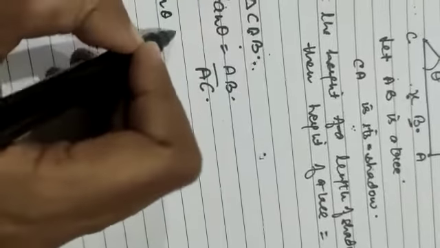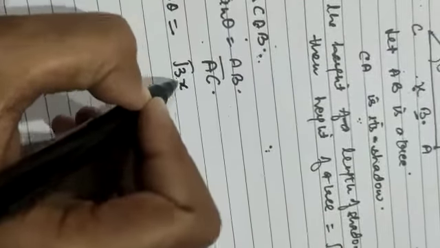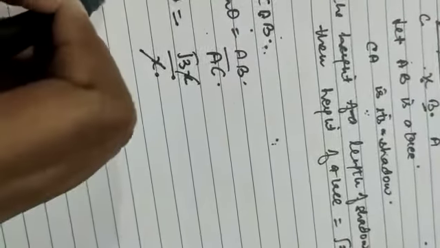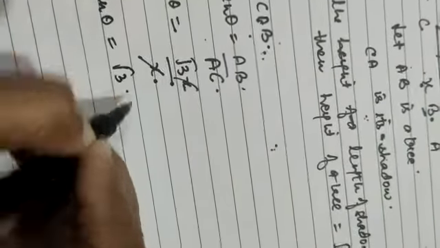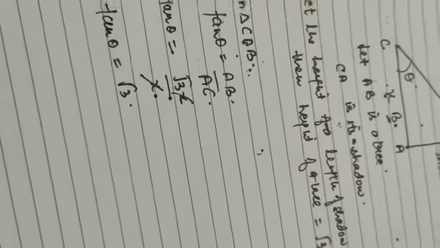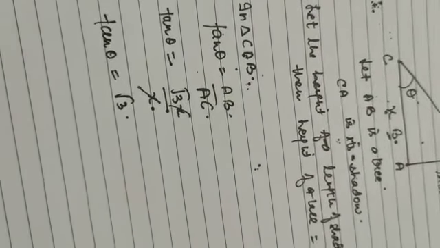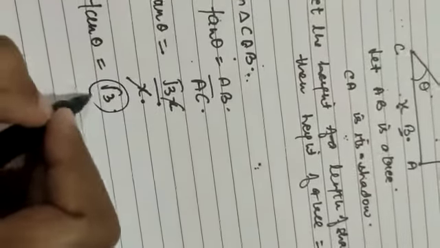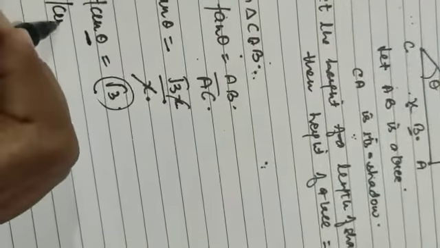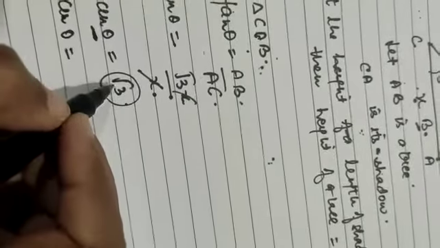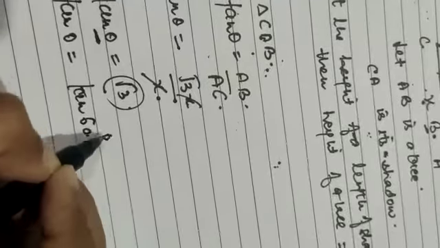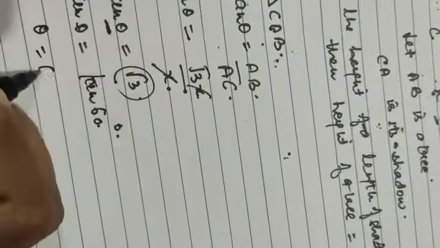So tan theta, AB is under root 3x, AC is x, and x cancels. So tan theta is equal to under root 3. Now we have to find theta. Just remember which value of tan is under root 3. Tan 60 is under root 3. So theta is equal to 60 degree.